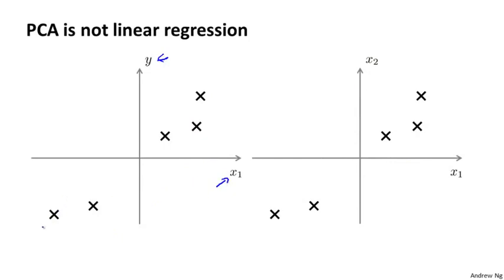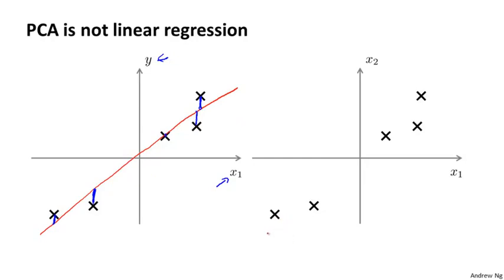So in linear regression, we're fitting a straight line so as to minimize the squared error between a point and this straight line. What we'd be minimizing is the squared magnitude of these blue lines. And notice I'm drawing these blue lines vertically, right? These blue lines are the vertical distance between the point and the value predicted by the hypothesis.